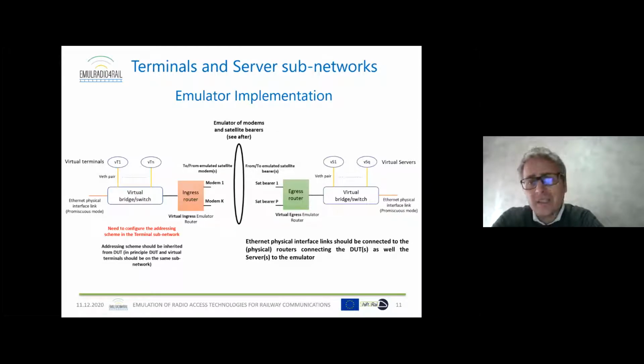This egress router is connected with the same scheme as on the client side, because the egress router is connected to a virtual bridge switch and then to the other virtual terminals, VS1, VS2, which are the virtual servers on the right. On the left, we have the virtual terminals. On the right, we have the virtual servers.